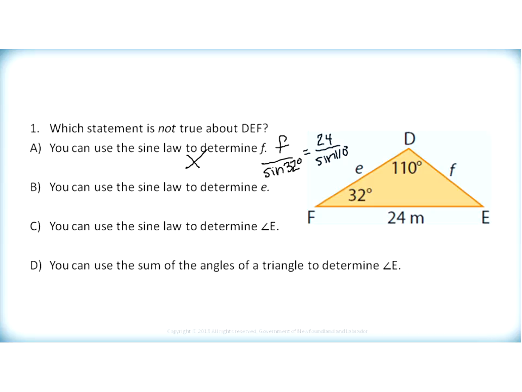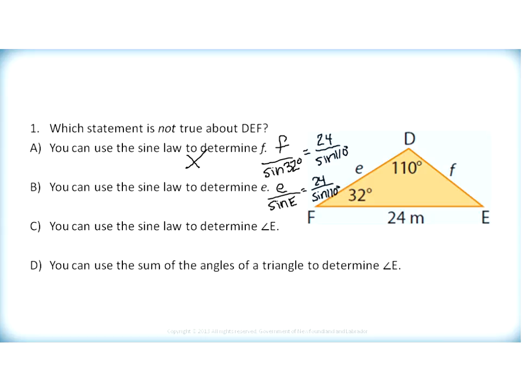Can I use the sine law to determine e? Well, to find e, I have e over sine E is equal to, once again, 24 over sine 110 degrees. Now, I don't know little e or big E, but I do know the other two angles in my triangle.